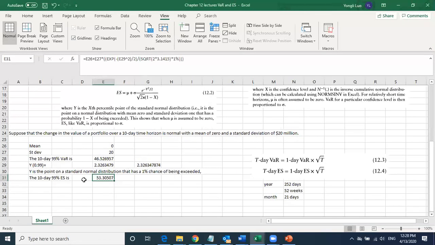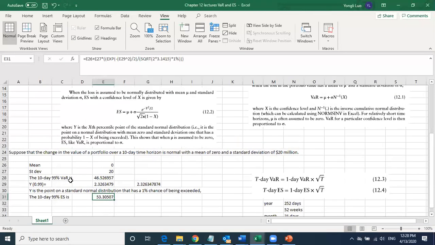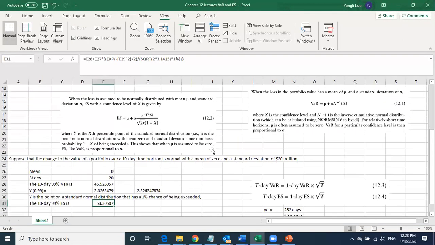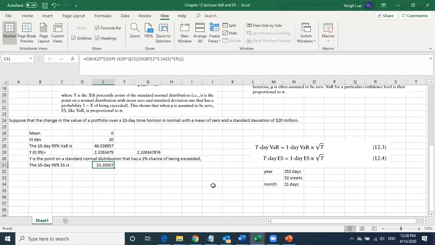Once you have the 10-day expected shortfall or the VaR, this is for a 1 day VaR. This is how you calculate the T-day VaR or T-day expected shortfall.